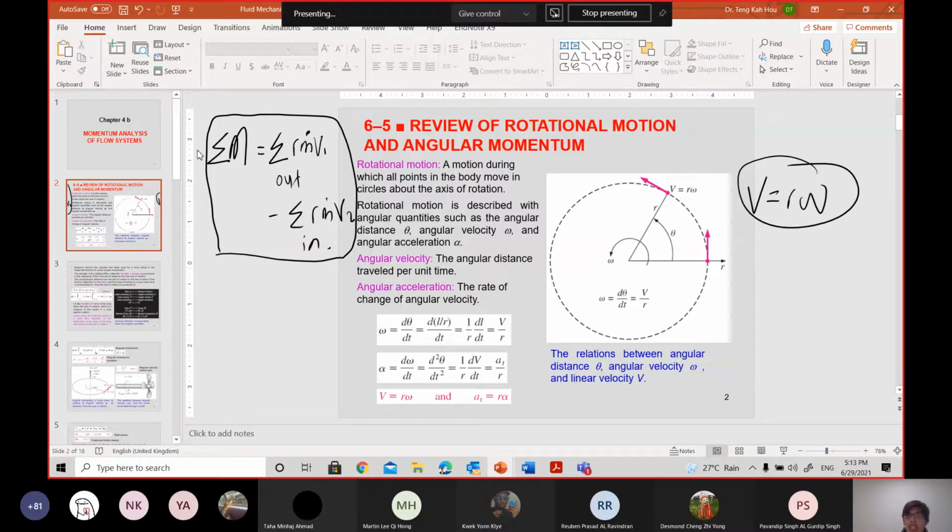So the key information here: why do you need to know V equal to R omega? Because under your angular momentum questions, not all the time will all these be given. It won't be straightforward to say my velocity is this, my mass flow is this. I think you have experienced a lot.